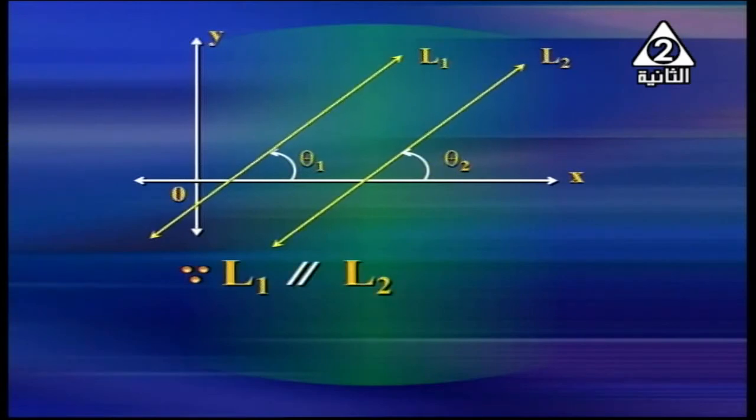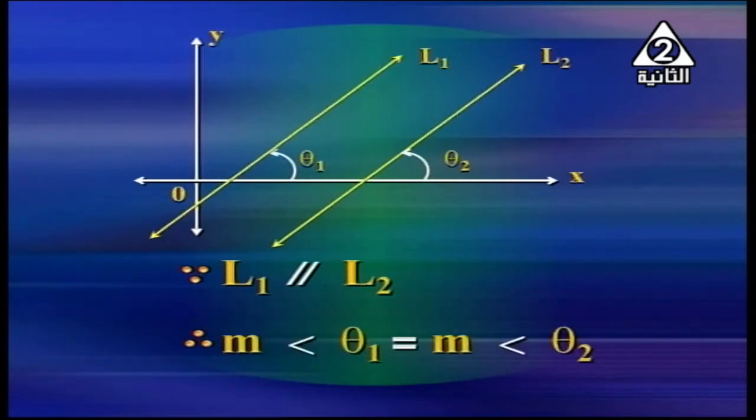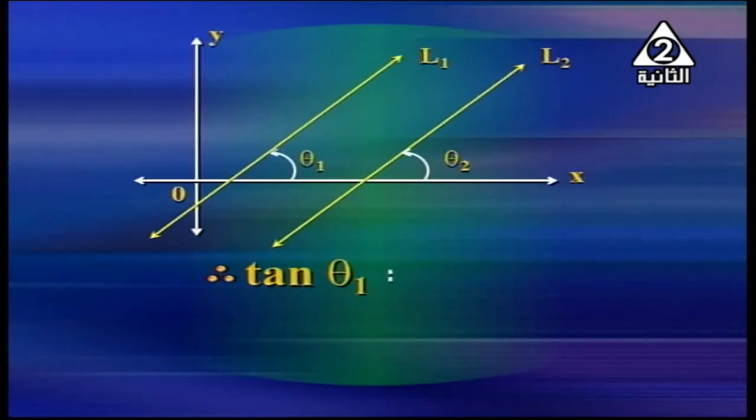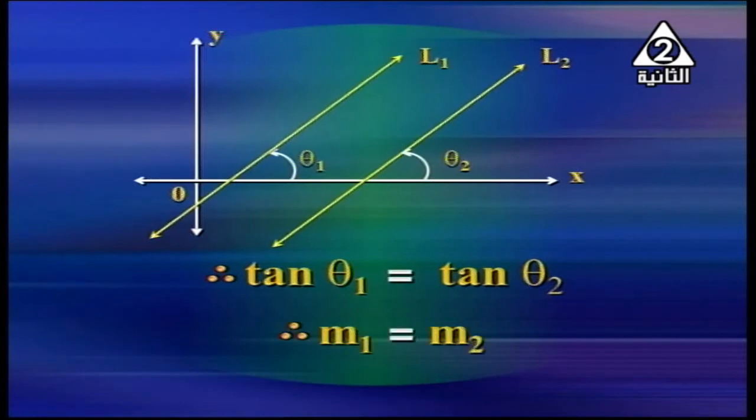What do you notice? You are going to notice that measure angle theta 1 equals measure angle theta 2, as they are corresponding angles. Since the two angles are equal, then their slopes are equal. So tan theta 1 equals tan theta 2. Then the slope of the straight line number 1 equals the slope of the straight line number 2.